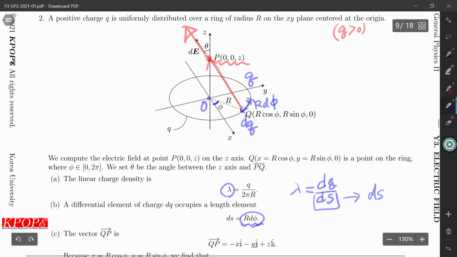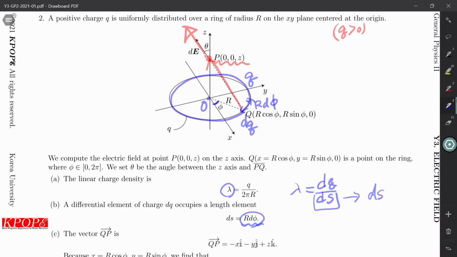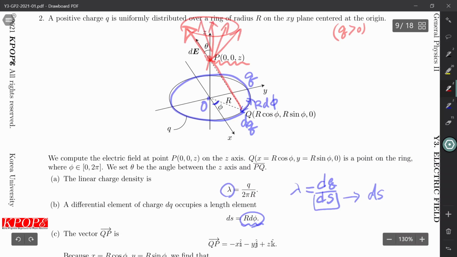But we need to integrate over the circle, so the contributions will make a kind of cone. So we need to add all these dE, differential contributions to the electric field. So we need to compute the electric field by integration.